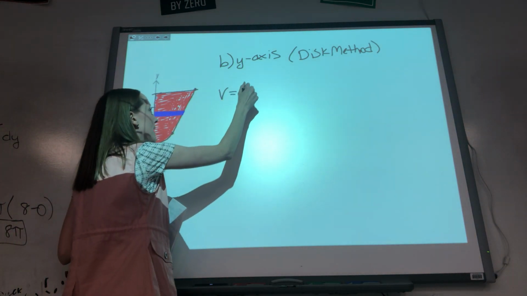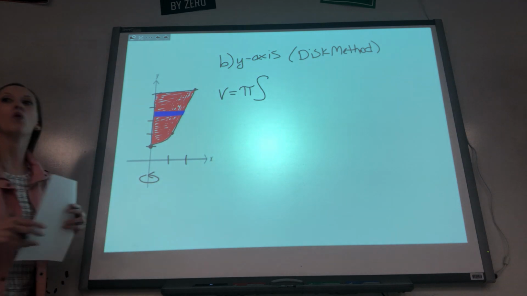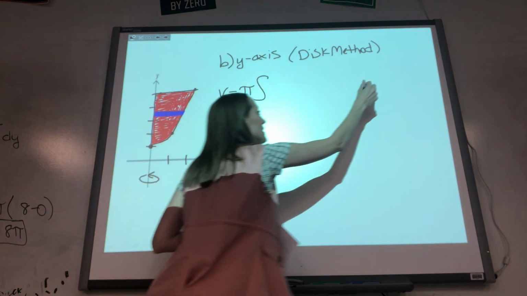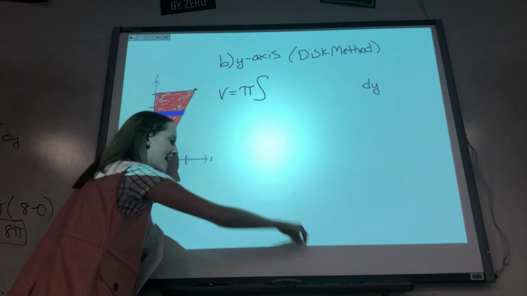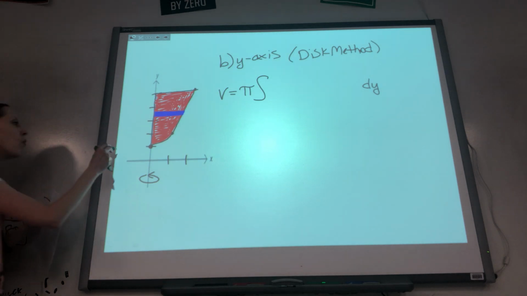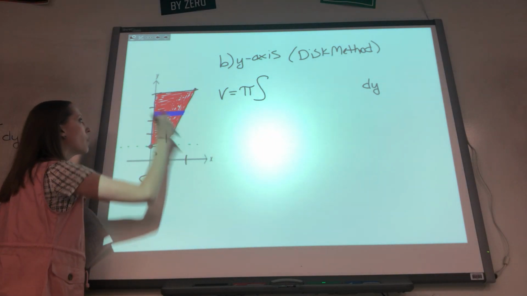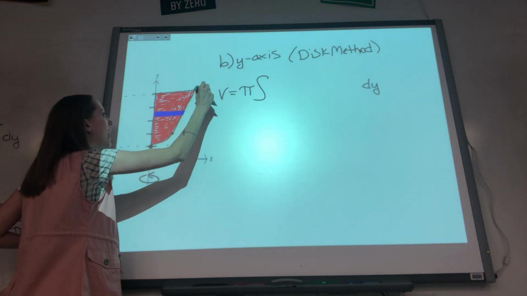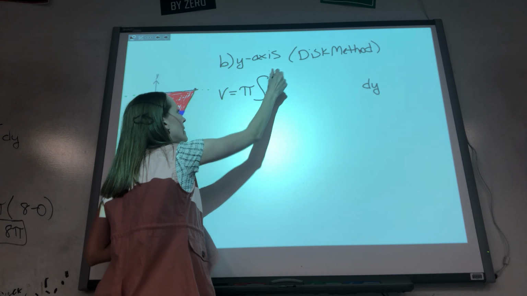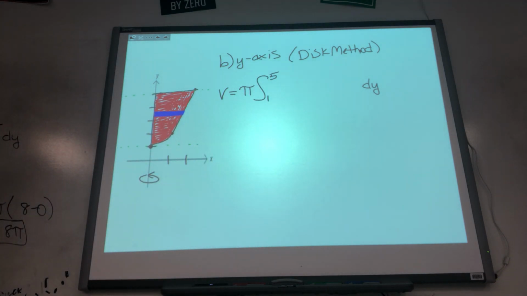Now, I will say that we're spinning around the y-axis, which means we have to integrate with respect to y. So as I set up my bounds, I'm looking at y values. Lowest y value, highest y value. That's going to be a 1 and a 5.